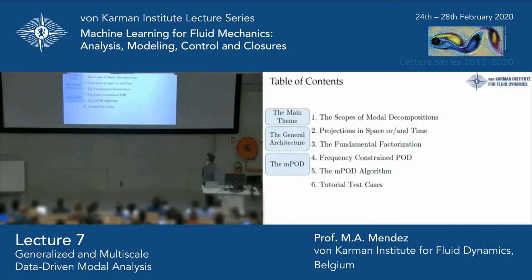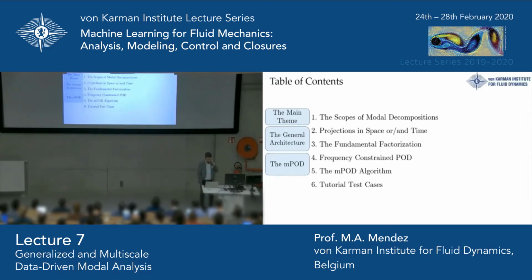So this is more or less the content of my lecture. I will start with recalling very briefly, just to make sure that everybody is on board, what is the main scope of this decomposition. Then we'll talk about projection in space or in time, and projection in space and in time. Then we'll talk about the fundamental factorization, which is the ABC that you've seen yesterday.